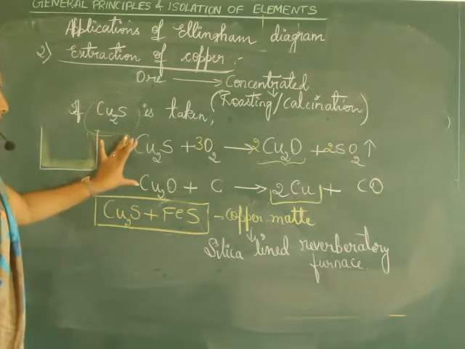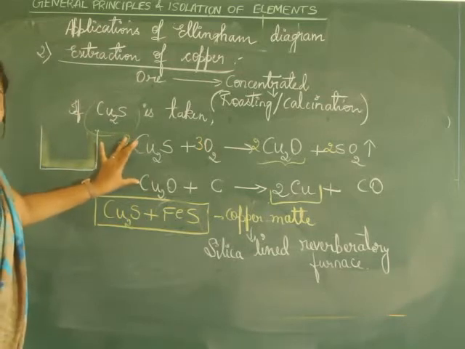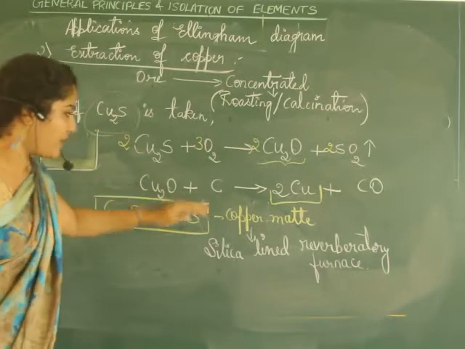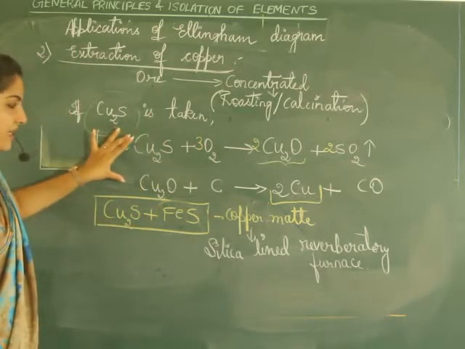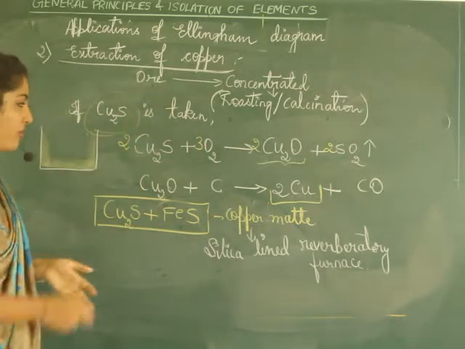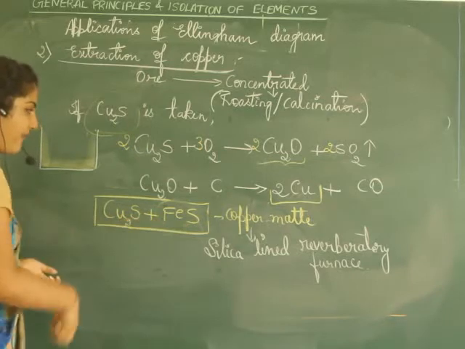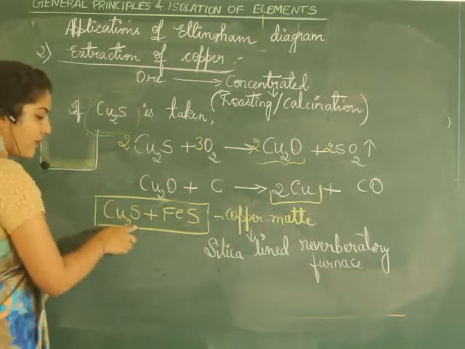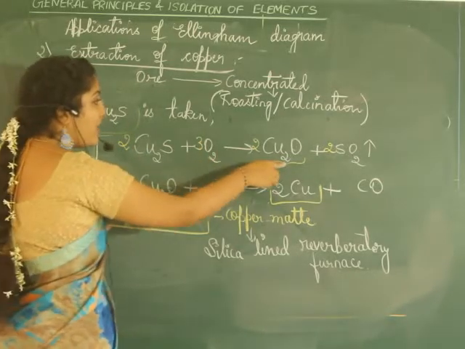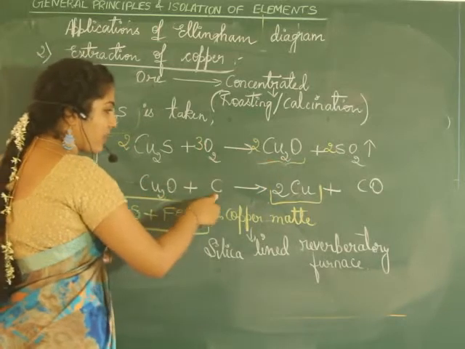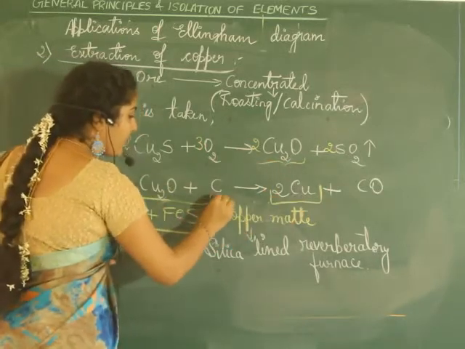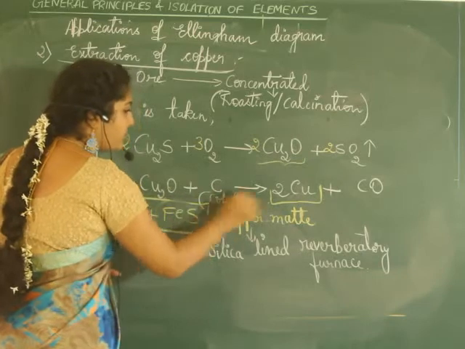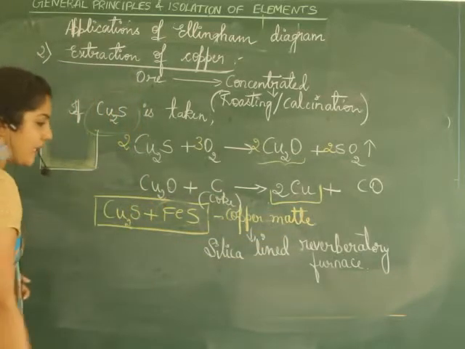Then you can write these reactions. Are you getting the point? You'll explain from here, write these equations, mention these points also. Now we will see how FeS converts. We know how Cu2S reacts. Cu2S reacts with oxygen to form copper oxide, then it reacts with reducing agent coke to form copper, which we get.